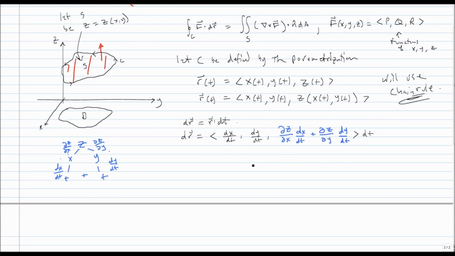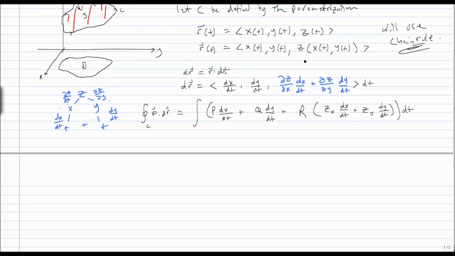Now if I compute this dot product between F and dr, I'll have the integral of P times dx/dt plus Q times dy/dt plus R times the z component here. And what would the bounds on this integral be?